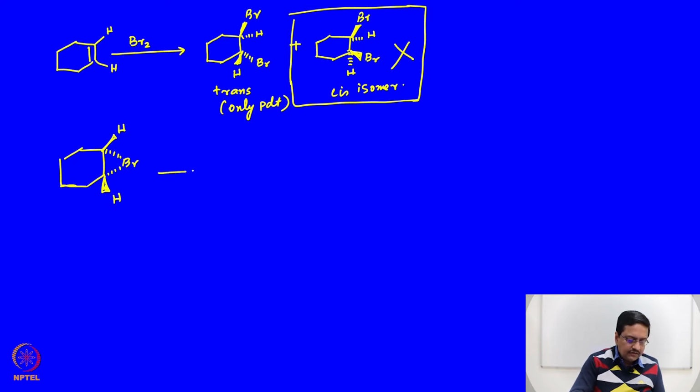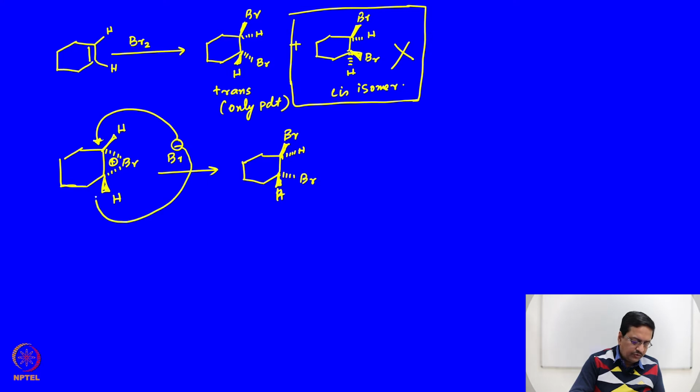On this bromonium ion, if Br minus comes from the top, you would get a product where the Br will be up, the hydrogen will be down, and here the hydrogen will remain up and the bromo will go down, so it is trans.